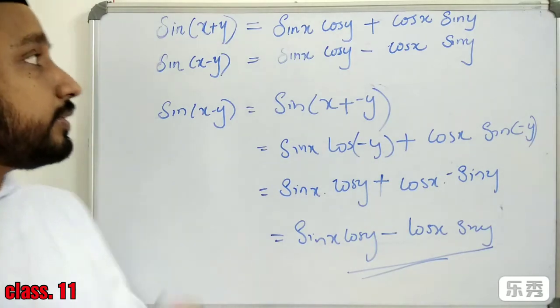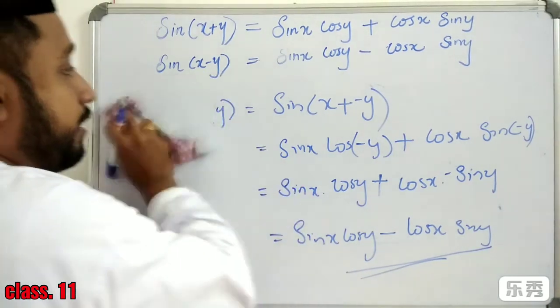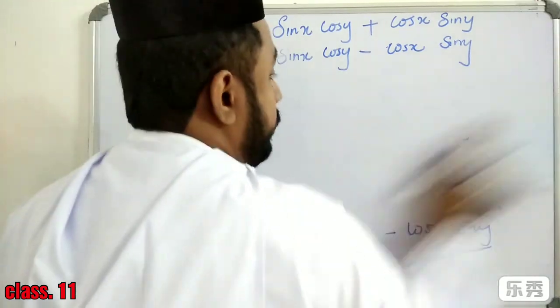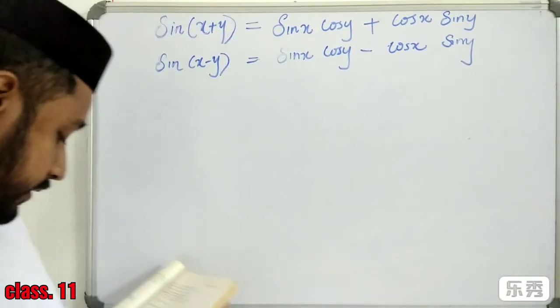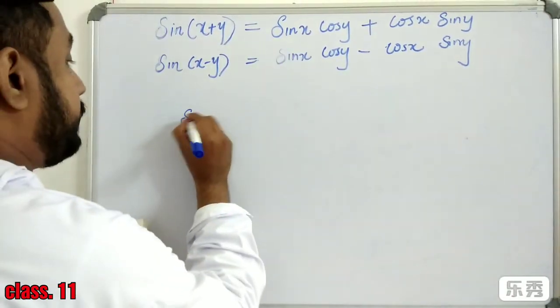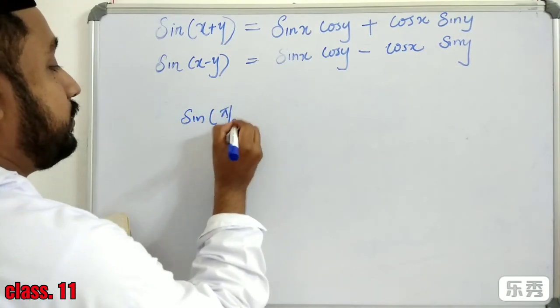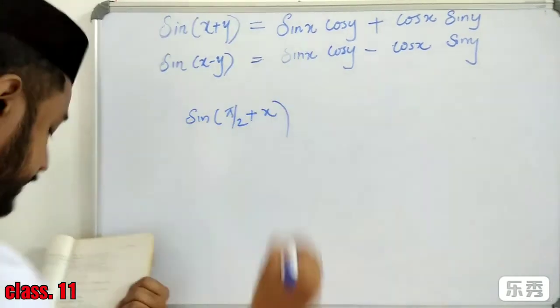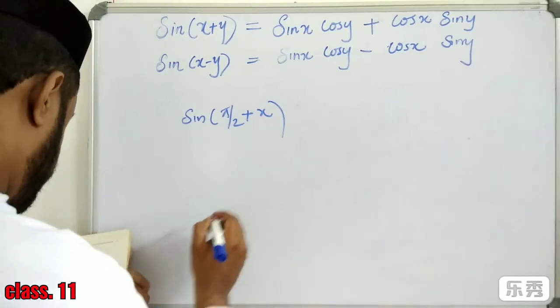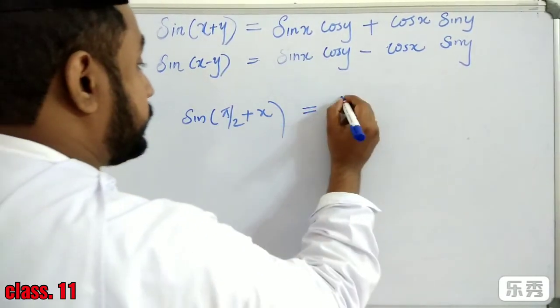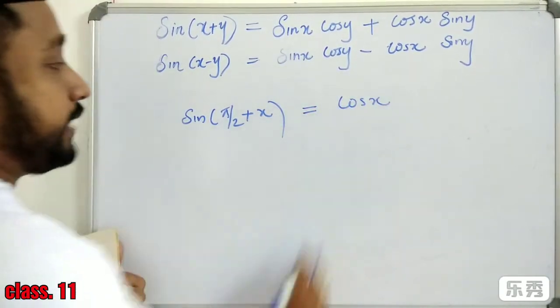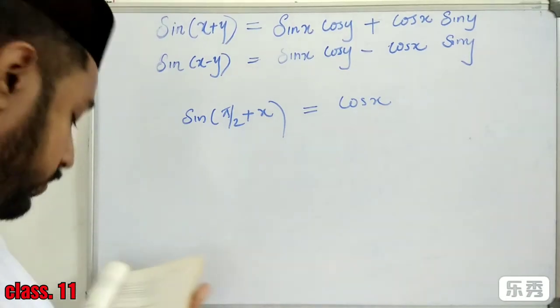From these two results we can prove two more results: sin(π/2 + x) is equal to cos x.